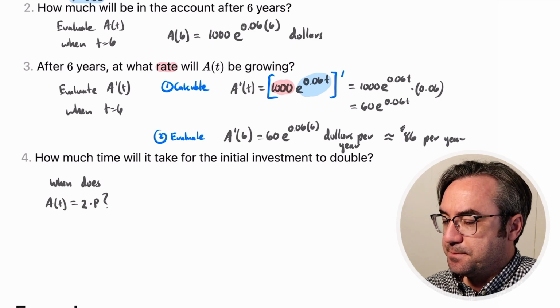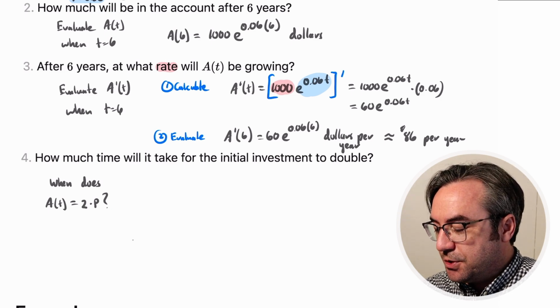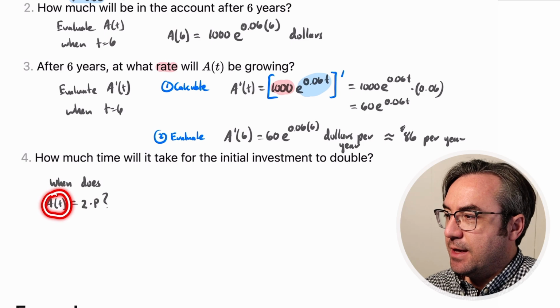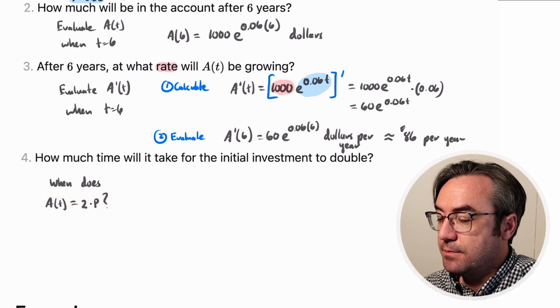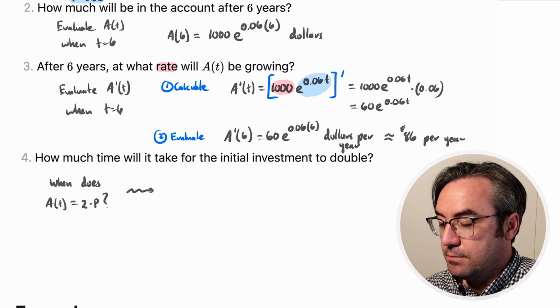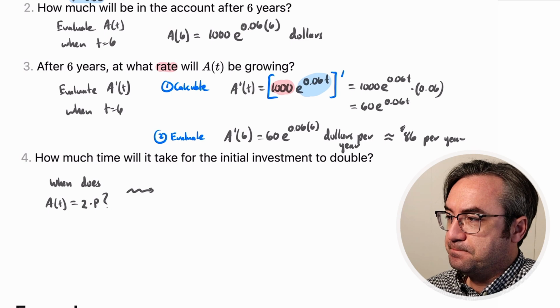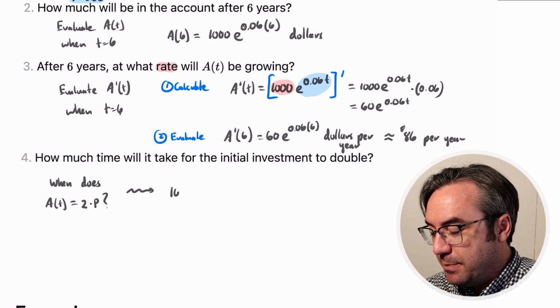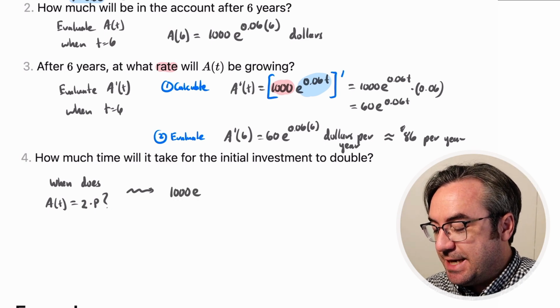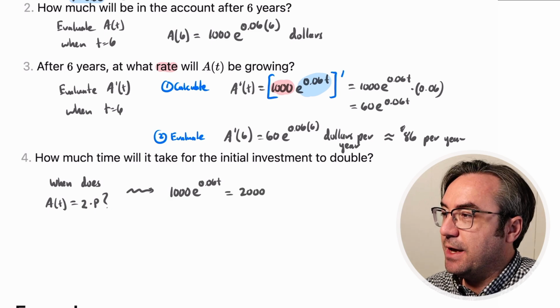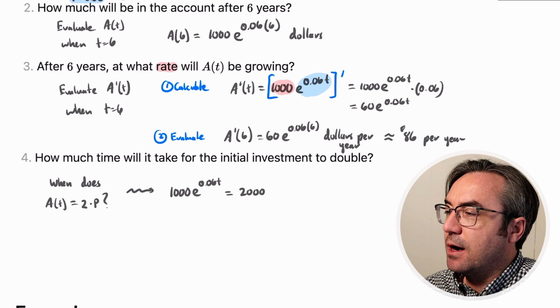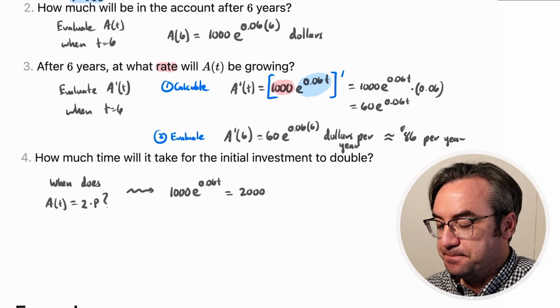So what we're going to do is take our function and set it equal to double our starting value. Our account balance formula is 1,000 e to the 0.06 times t, and we're going to set that equal to 2,000, double our initial investment.